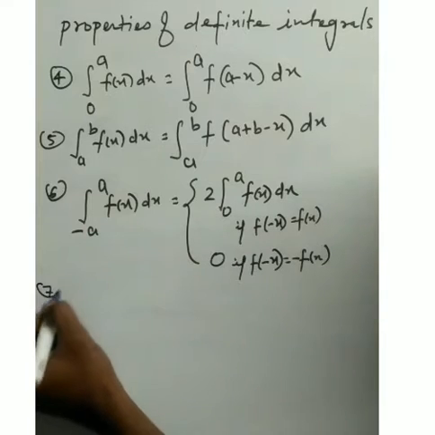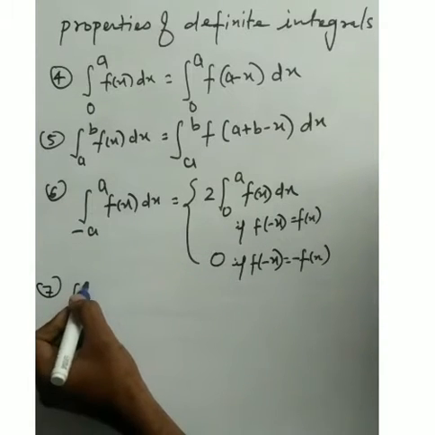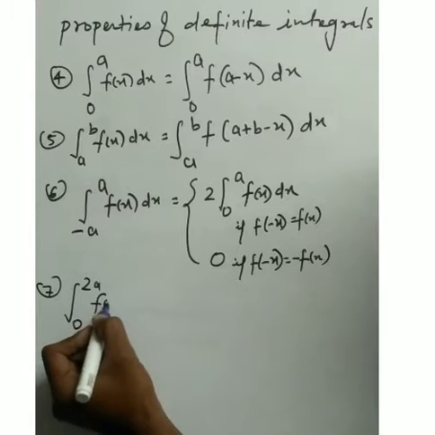Next is the seventh property, integration of 0 to 2a f(x) dx.